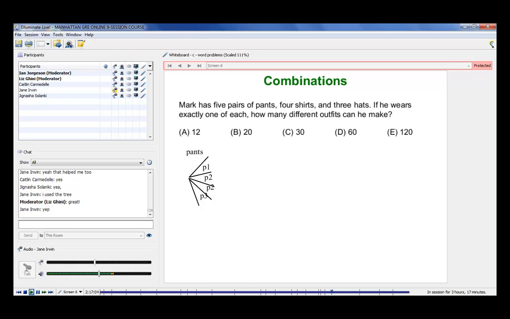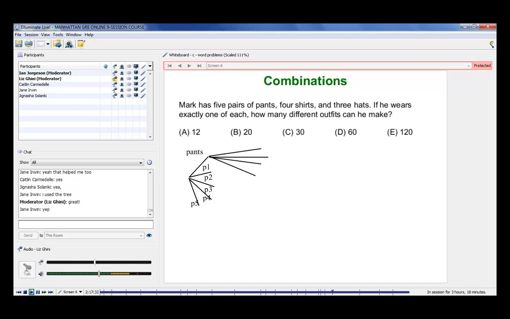And again, just labeled them S1 through S4. And then off of those 4 branches, I just did 3 branches for hats. And I didn't really take the time to label all of them. And I actually didn't even end up drawing them all out because it was taking a long time, but I just kind of counted up by 3s for each of the shirt branches, if that makes sense, and got 60.